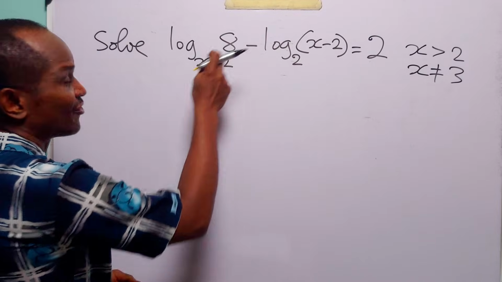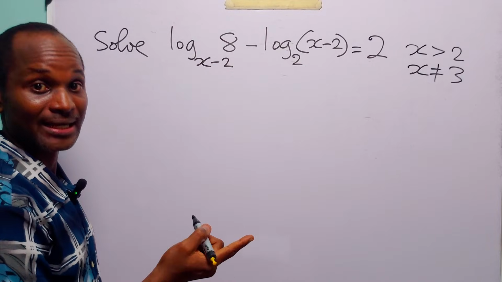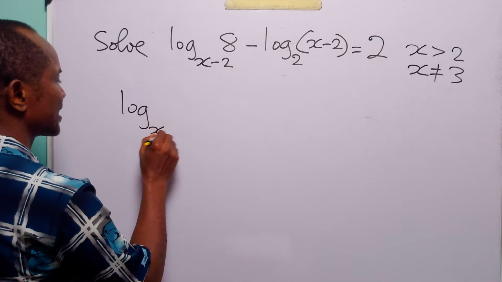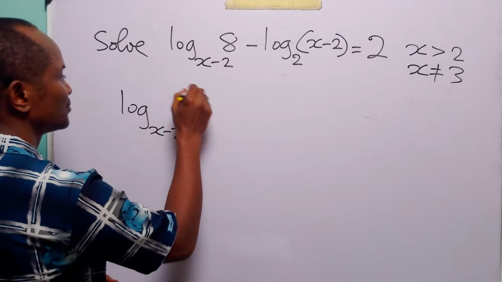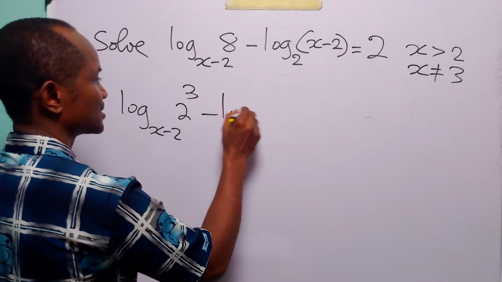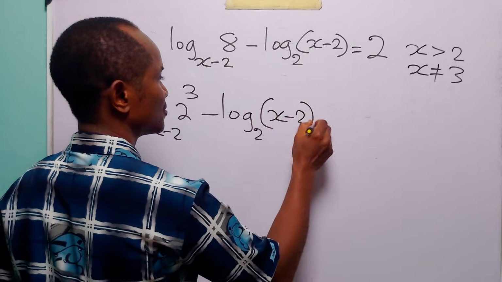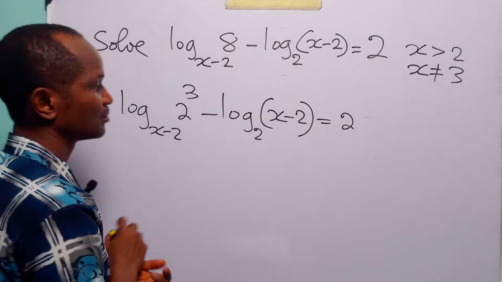Now remember that we can write it as 2 to the power 3. So this equation can be written as log to base x minus 2 of 2 to the power 3 minus log to base 2 of x minus 2 is equal to 2.